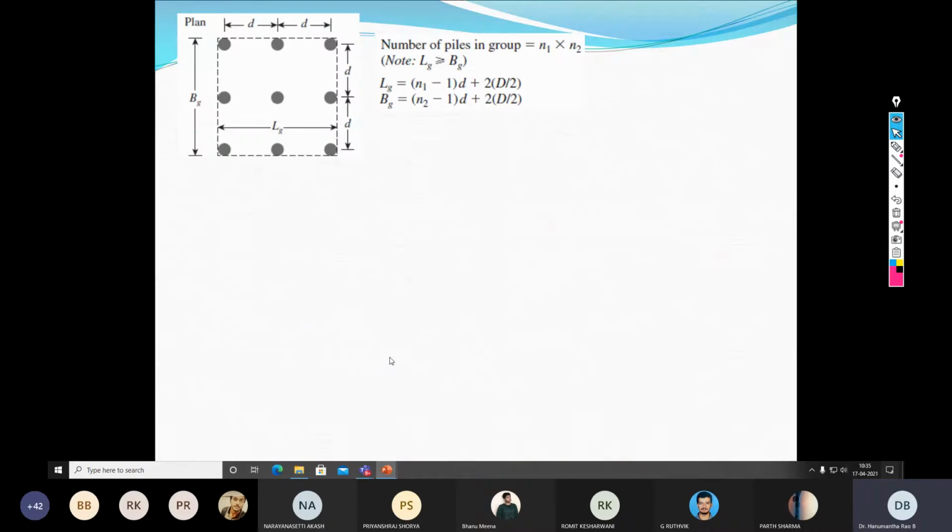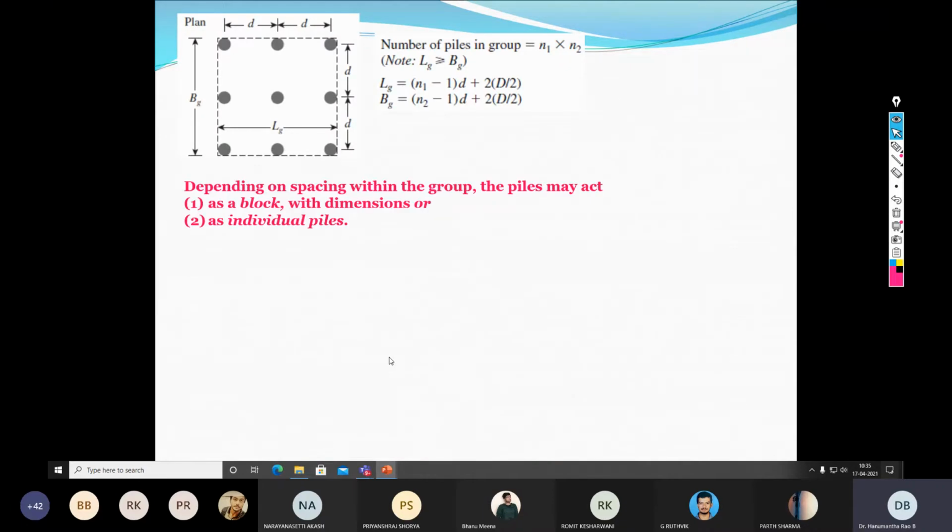Now let us try to understand the same aspect in a little more detail. Depending upon the spacing within the group, people have found that the piles may act as a block with a single dimension. As a block means the block having a length of Lg and width of Bg.